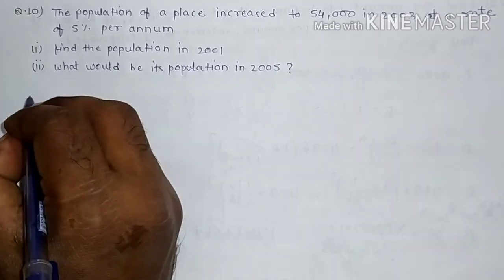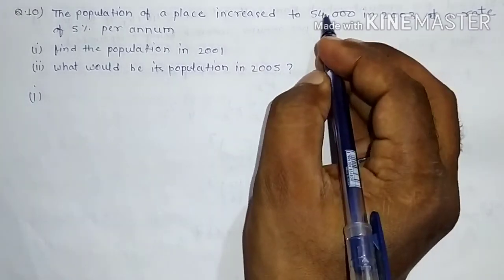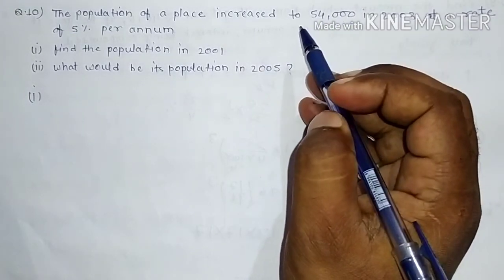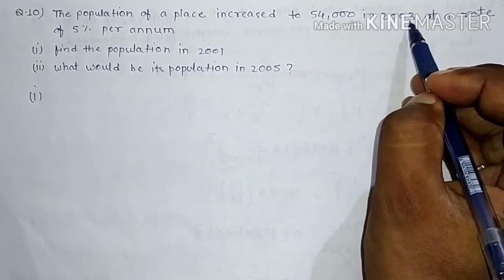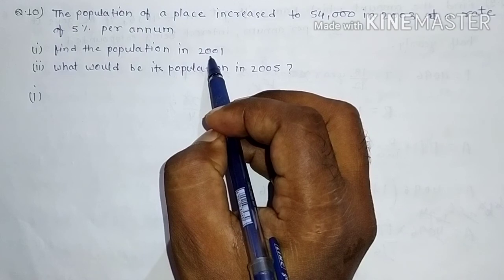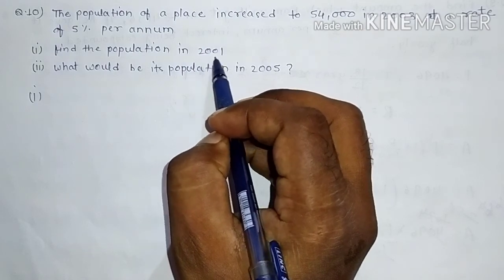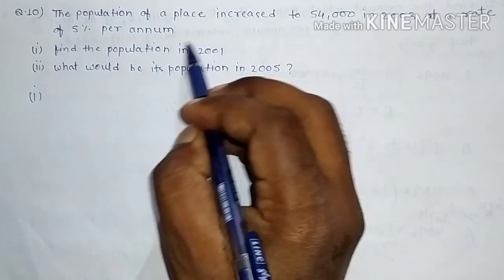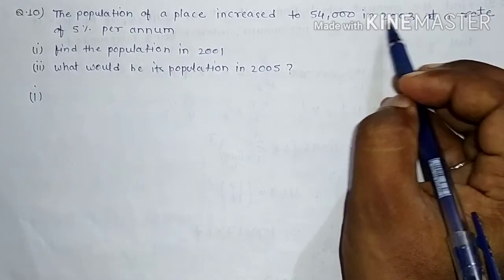So the first part, 54,000 in 2003, and we have to find population in 2001. So population in 2001 is less than the population in 2003.